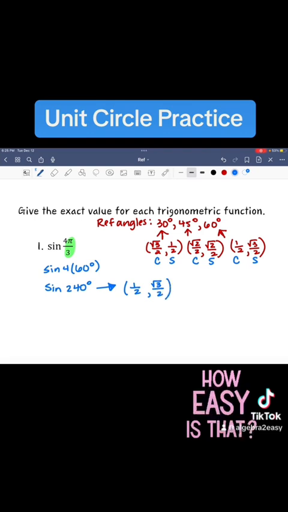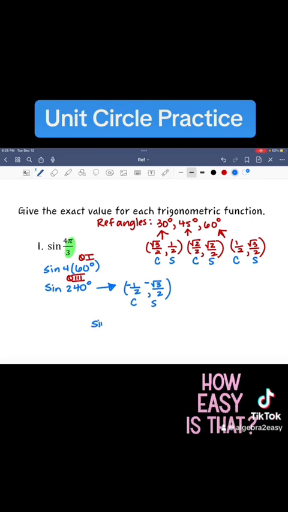Now, the only difference that we're going to see is that 60 degrees is in quadrant 1, where everything is positive. 240 degrees is in quadrant 3, where everything is negative. So make sure that both of your values in your ordered pair are negative. And then we have our answer. Sine of 4 pi over 3 is going to equal negative radical 3 over 2.